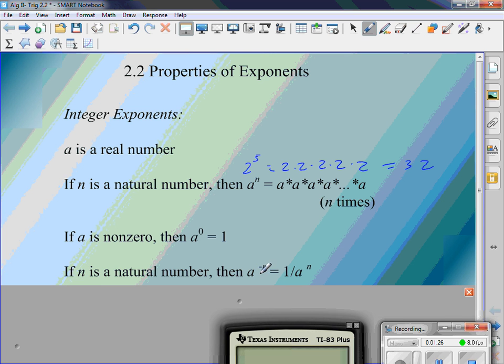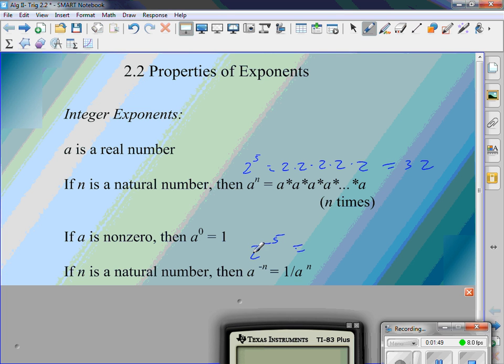If you have a negative number as an exponent, it is the inverse. If I had 2 to the negative 5th, when you have a negative exponent, all you're going to do is flip the number.